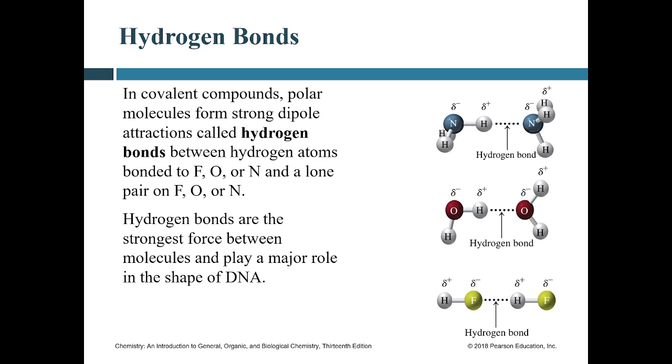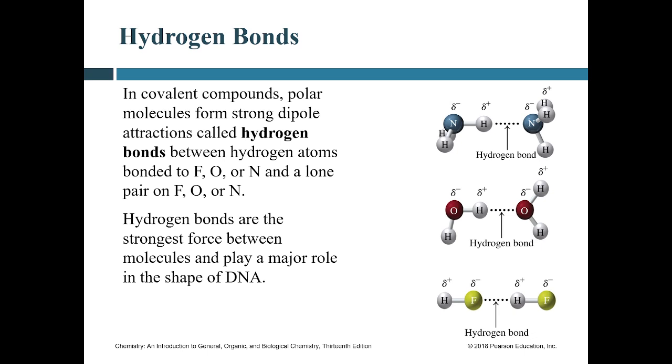Hydrogen bonds happen where we have a hydrogen attached to a fluorine, oxygen, or nitrogen. What do those all have in common, by the way? They all have pretty high electronegativities, don't they? And a lone pair.